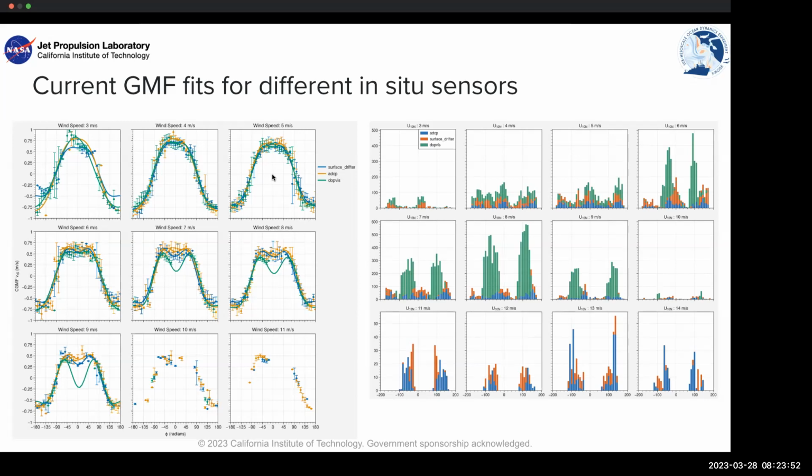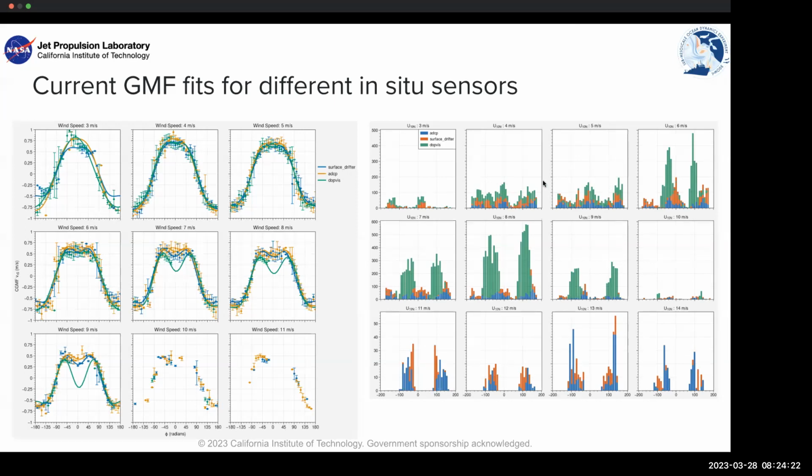For the sake of illustration, I've fit curves using the geophysical model function to each one of those, and you can see that they have pretty good agreement. But there are places where the data are not constraining the geophysical model function, where they give you data that are pretty suspect. This is our distribution of data as a function of wind speed and as a function of platform.